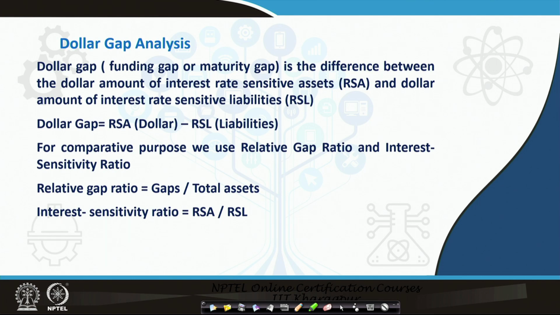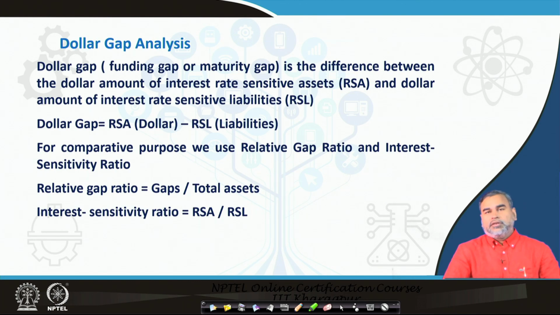So, we first have to define what those interest sensitive assets and interest sensitive liabilities are, which we already discussed in the previous class. Considering these, our objective is to find out a dollar gap. If you know the dollar gap, then looking at it we can say how interest rate is going to affect the net interest income of the commercial bank.